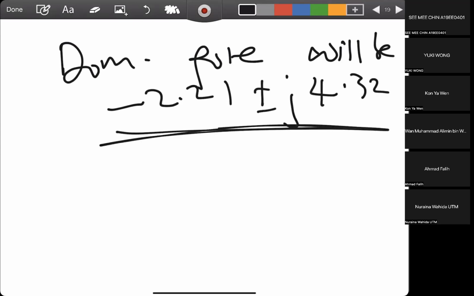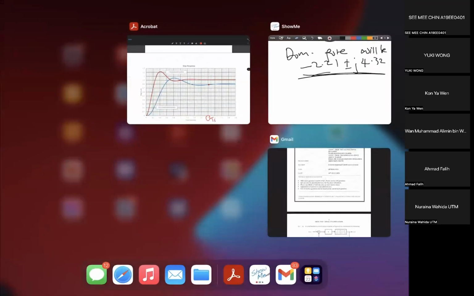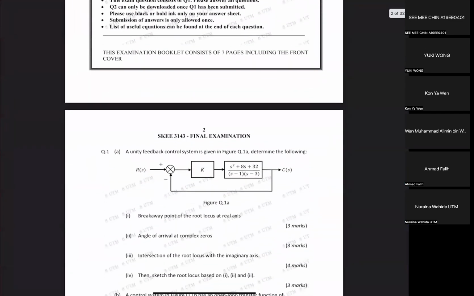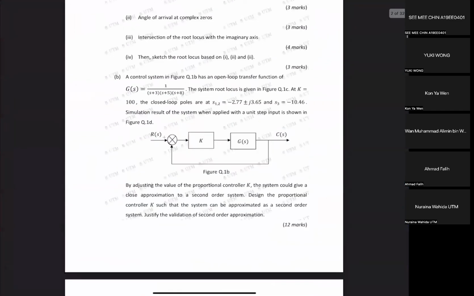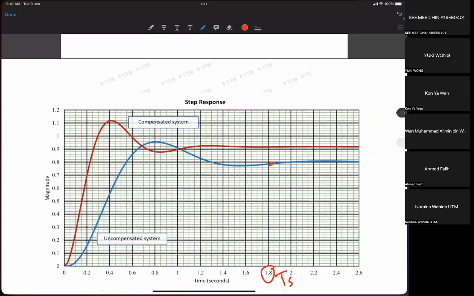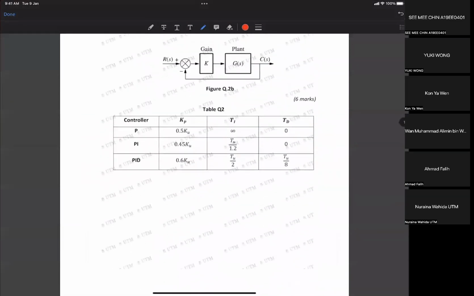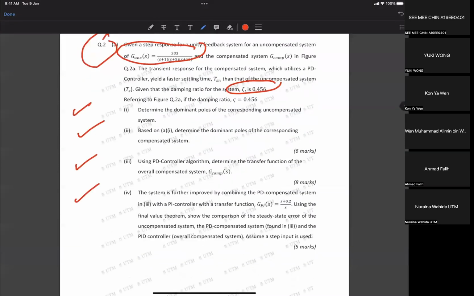Then find the next one. Based on A1, determine the dominant poles of the corresponding compensated system. Jadi yang compensated system itu berapa?